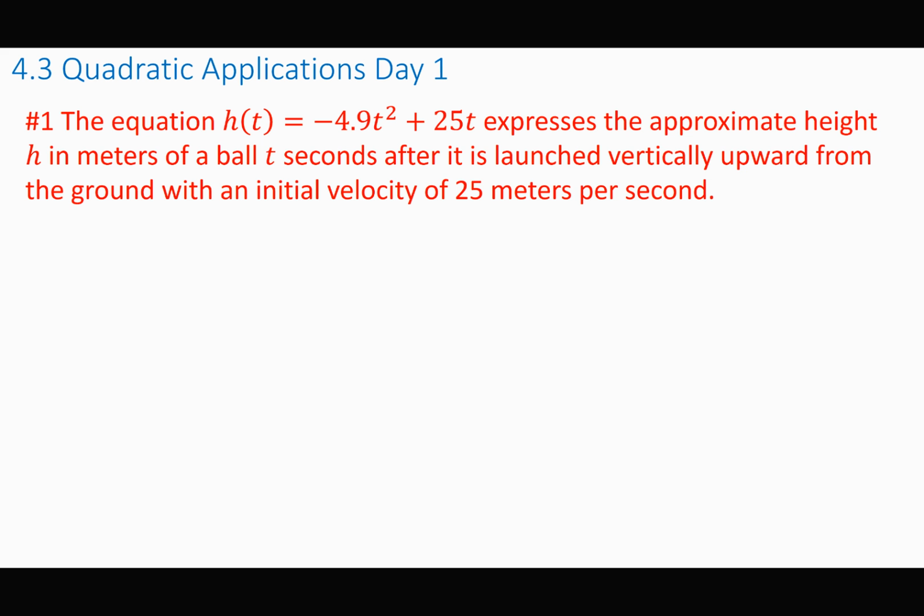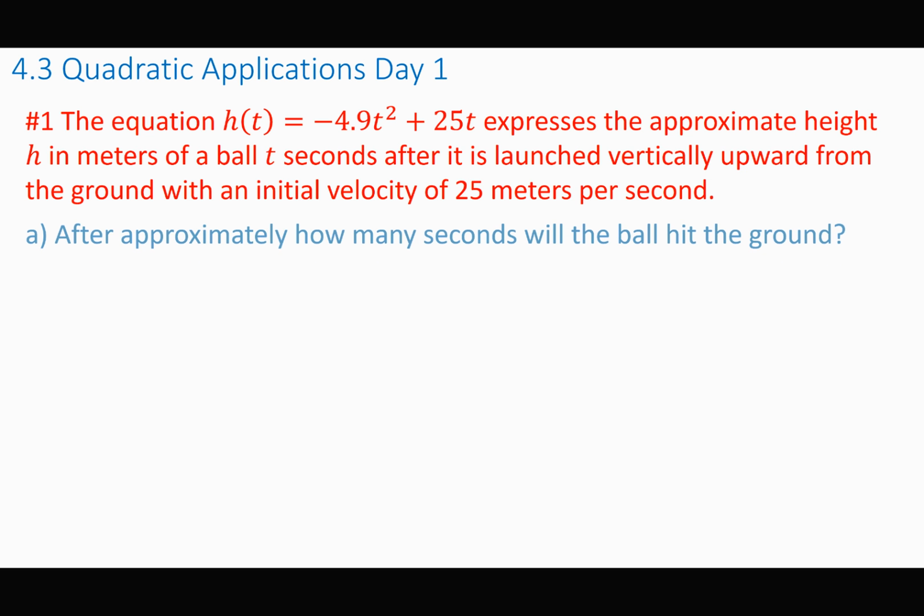Okay, so they're giving us our quadratic that we're going to work with. Part A says after approximately how many seconds will the ball hit the ground? Okay, so if we think of this one as a parabola, it's being launched and then it's going to hit the ground. So they're asking us to figure out where it's hitting the ground all the way to the right.